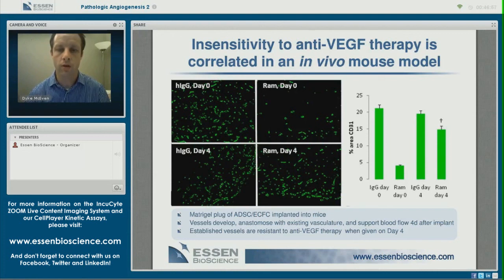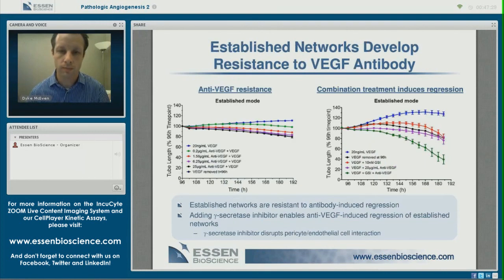However, if we allow the networks to develop over the first 4 days, images shown on the lower 2 panels and quantitation shown on the right 2 bars, we find that the vessels that develop are insensitive to ramucirumab. We see a slight reduction in vasculature similar to our in vitro results, but there's a portion of these vascular beds that are insensitive to ramucirumab treatment. Again, speaking to the ability of these cells to develop resistance to large biologic therapy.